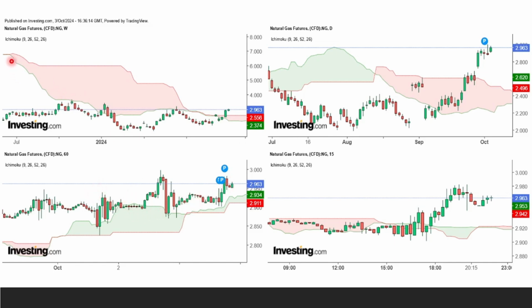And if Senkou Span A is coming down, cutting Senkou Span B, as I am showing here in the weekly chart, it indicates bearishness in that particular time frame. So the price is lower or consolidating.